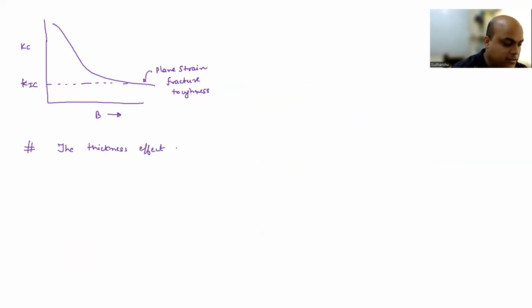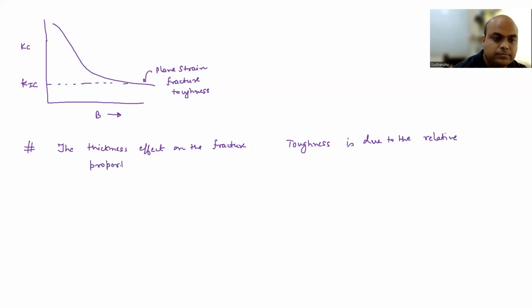The thickness effect on the fracture toughness is due to the relative proportions of flat and slant surfaces, right?